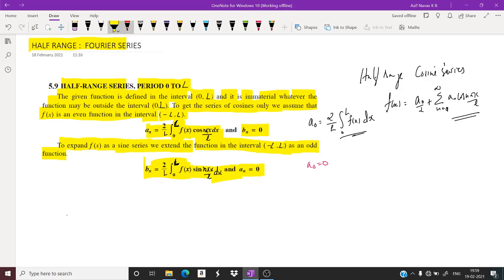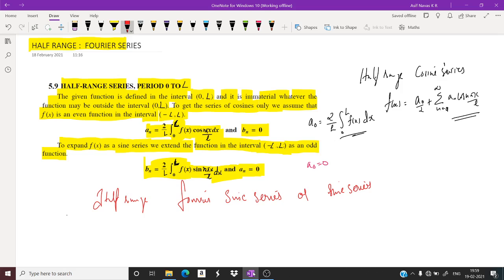So here we call this the half-range Fourier sine series, or simply sine series.